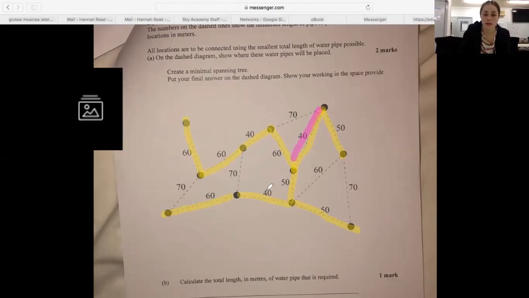40. Oh, you have to do that one there. You have to do that one there. What else is there? To connect this, you could do 50, 60, or 70. So obviously going to do 50. To connect these, you could do 70 or 50. So obviously going to do 50.